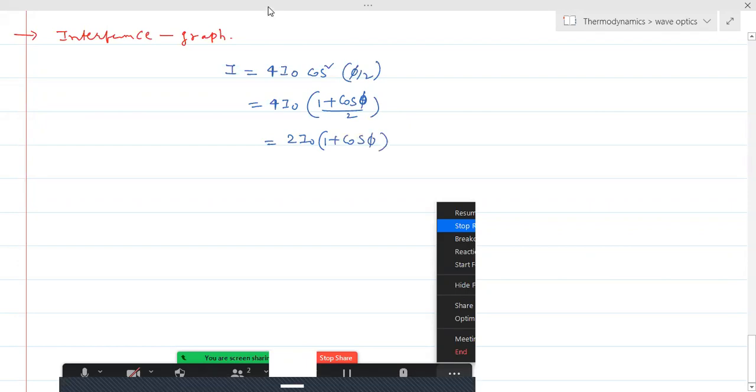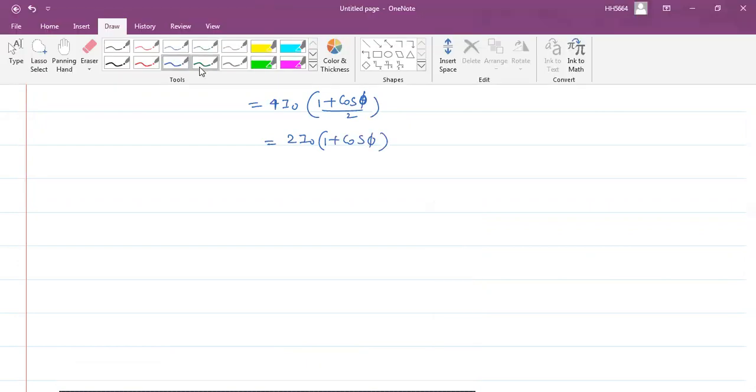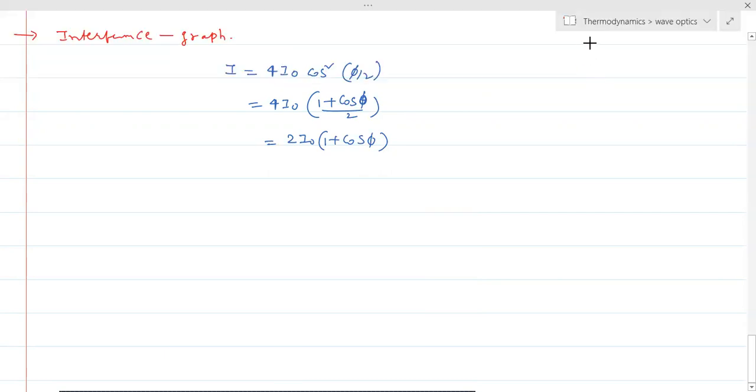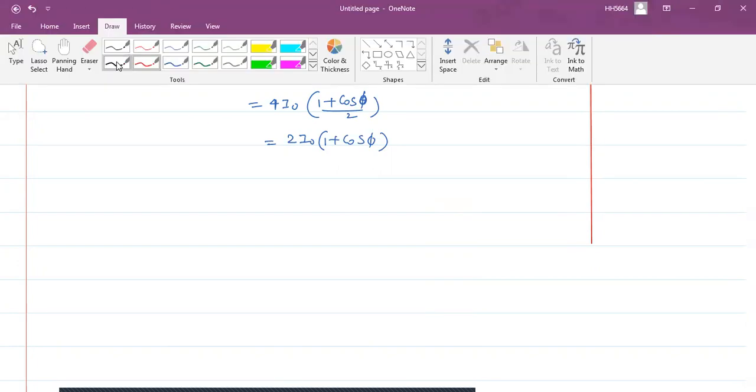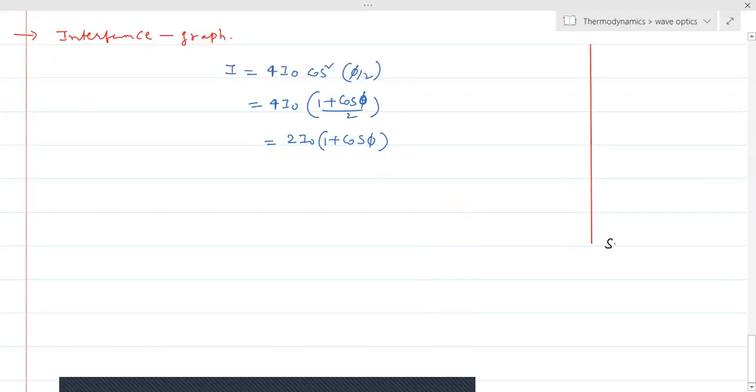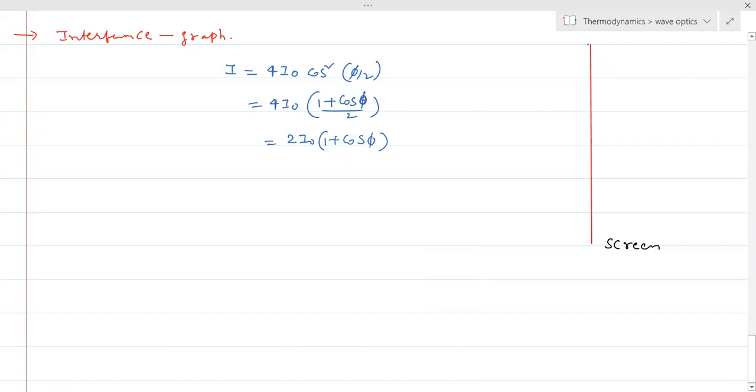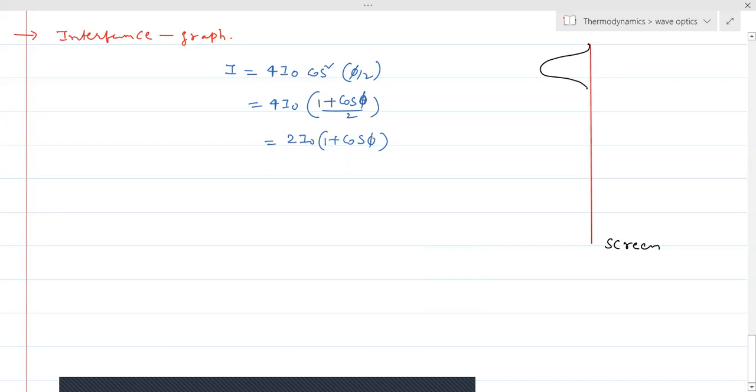So that means whenever we are interested to analyze this graph, obviously it is going to be a cos function. On the screen we are observing interference. This is the screen. So obviously this is going to be a cos function.